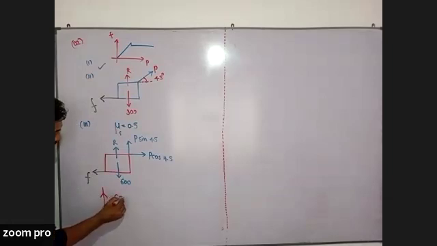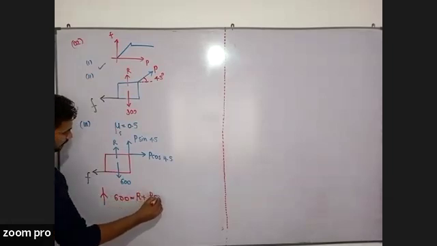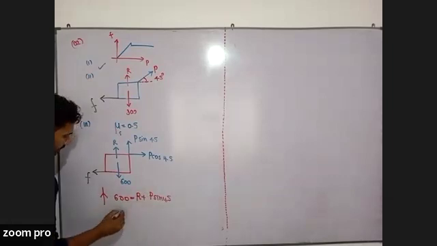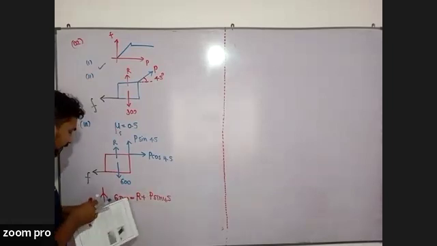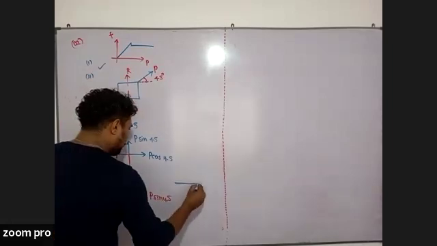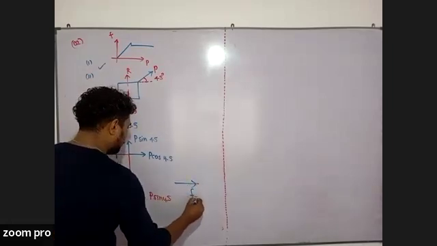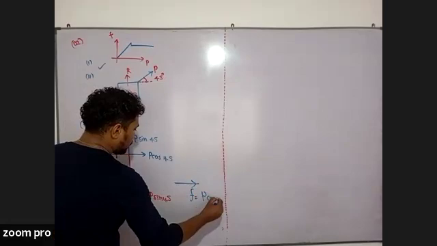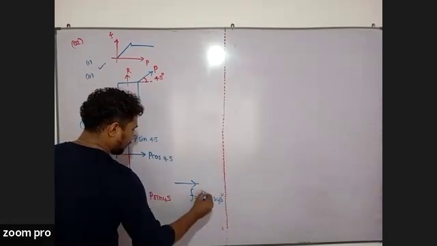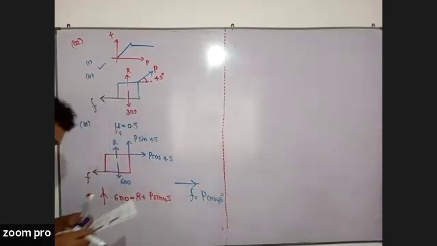So the 300 should be equal to R plus P sin 45. Right? So if we consider the horizontal forces, then F should be equal to P cos 45. Right?